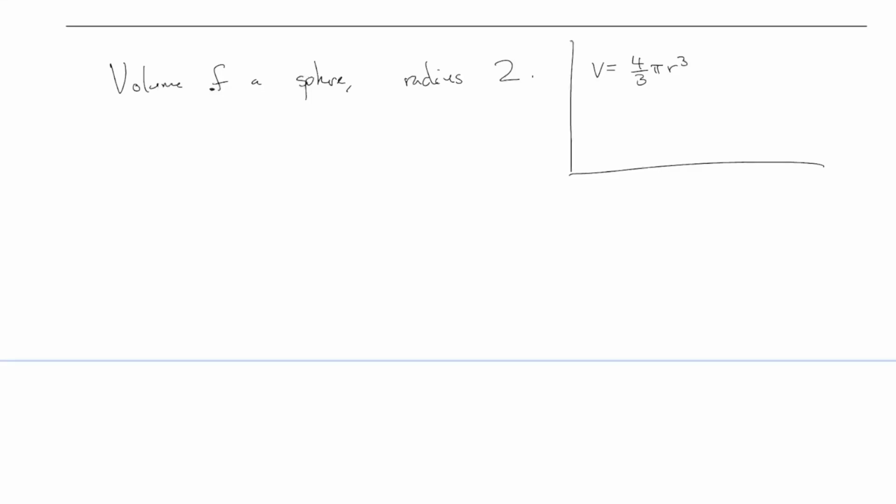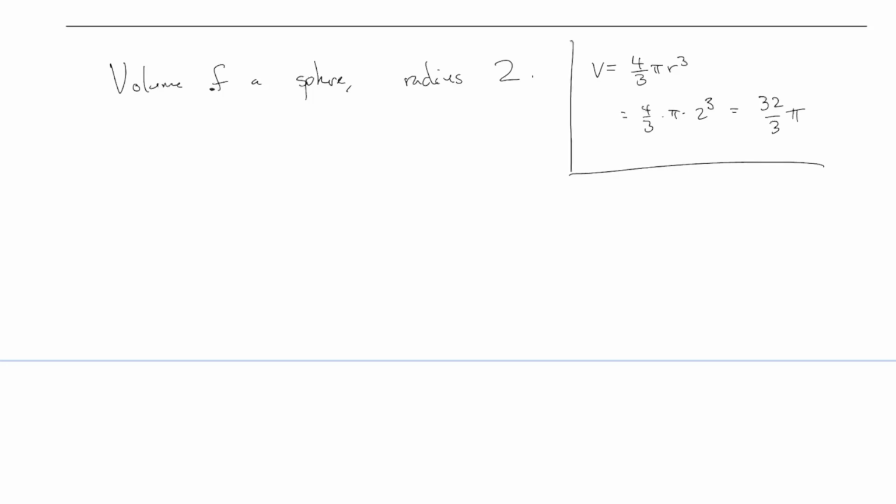Anyway, in this particular example, r is 2, so we should get 4/3 times pi times 2 cubed. 2 cubed is 8. So if I simplify this, it would be 4/3 times pi times 8. 4 times 8 is 32. I'm just going to use this to check our answer at the end. It should be 32 over 3 times pi. If we do everything right, that should be the correct answer.